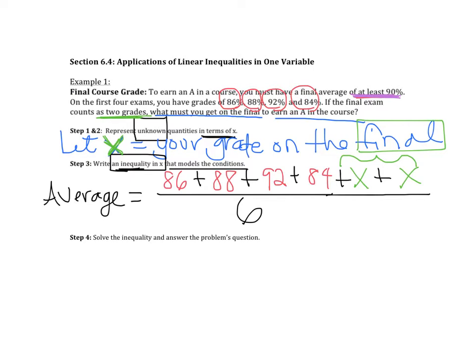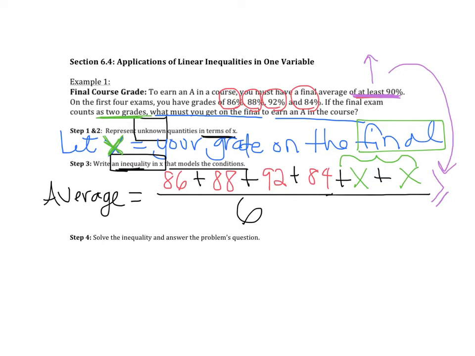In order to get an A, you have to get at least 90% at the end of the class. That means 90% included, 91, 92, and so forth. If you get an 89, you'll end up with maybe a B or a B plus. So at least translates to greater than or equal to.